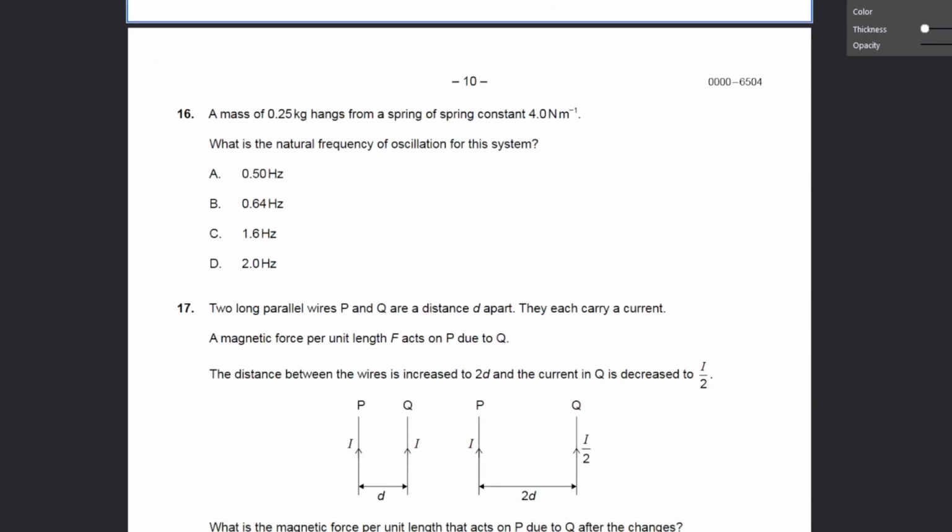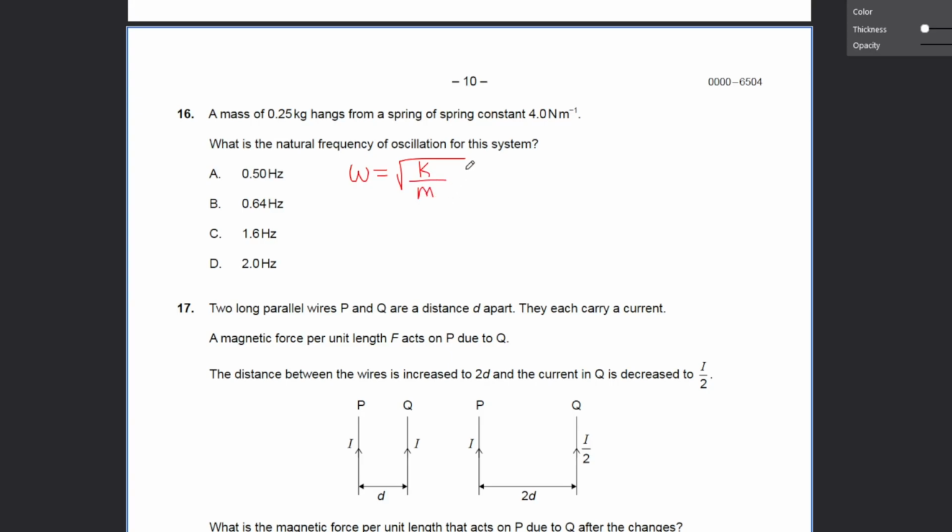All right, question 16. A mass of 0.25 kilograms hangs from a spring of spring constant 4 Newtons per meter. What is the natural frequency of oscillation for this system? Okay, well, let's consider angular frequency, because we have the formula angular frequency is equal to the square root of k, the spring constant, over m, the mass.